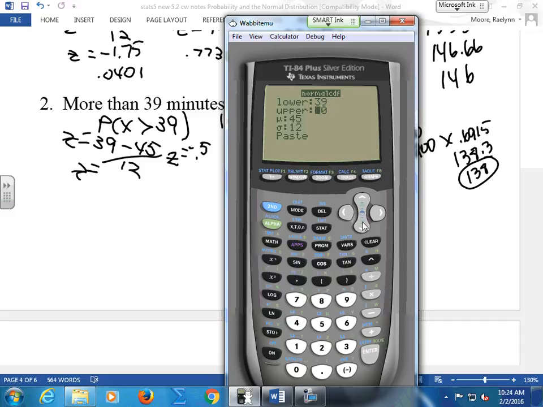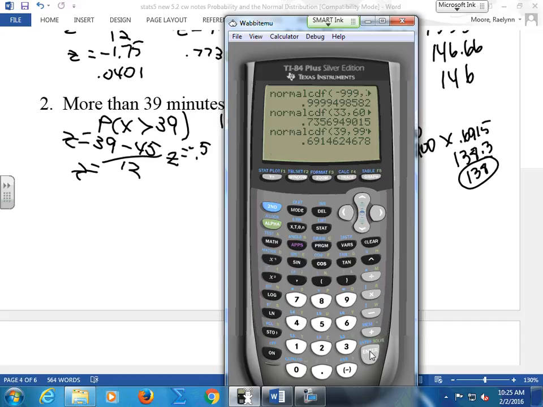Your negatives you probably will never use, but your positives. If I just put in 99, it's very possible I could hit a 99, because look where my numbers are. So I want to make sure I get enough 9s in there. Say my numbers were 3,900. I can't use 999, right? So just think about it before you put that in. And again, same thing: it goes in, you paste, and it does all your subtracts for you and everything. There's your answer, 0.6915.